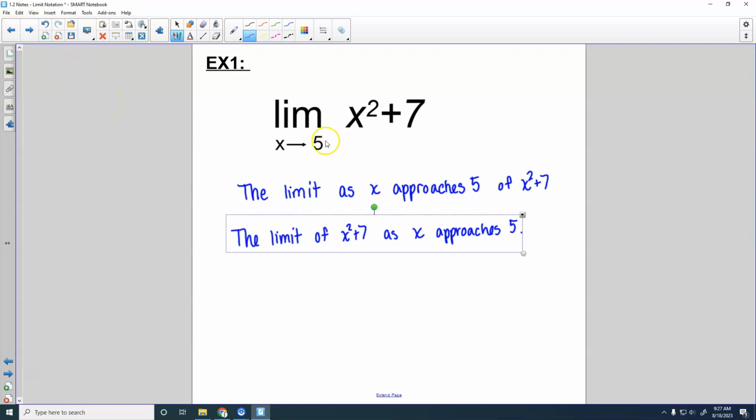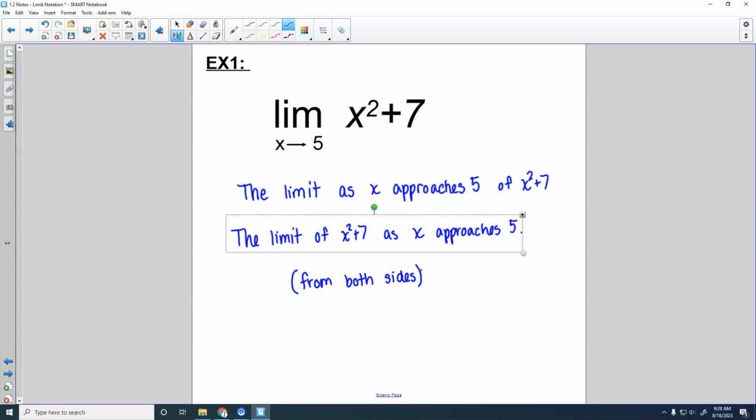If there is not a plus or a minus behind it, so if it has neither one, it would be from both sides. You never have to write that. If you do, it's fine. It's not going to hurt you. Because if there is not a plus or a minus, it is assumed it's from both sides.